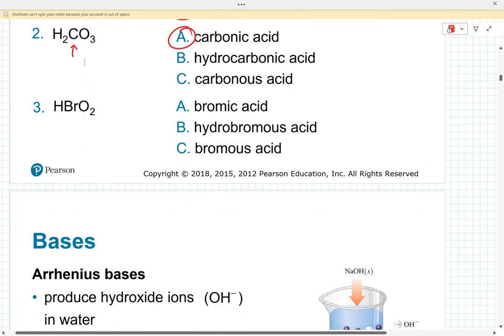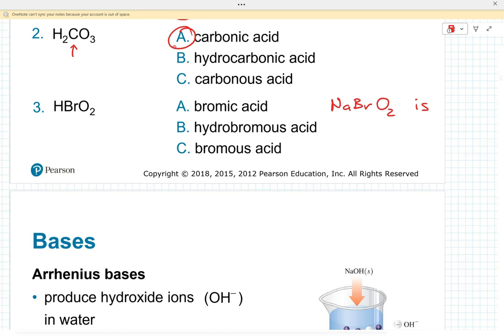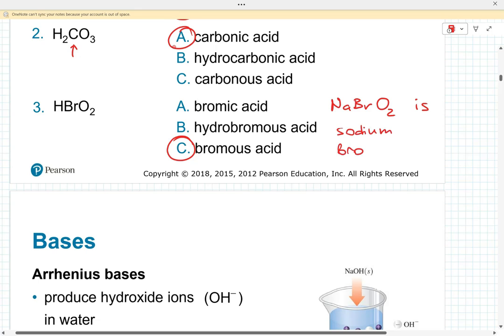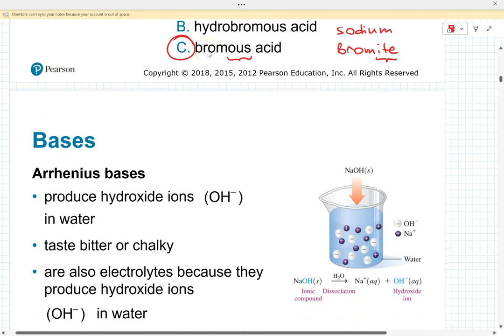And this one, so I'm going to give you an idea. Yes. Bromous acid, because it is a sodium bromite. ITE changes to OUS. So anytime you see oxygen, you know it's not going to be hydro. It's not going to be hydro. Yeah, every time you see an oxygen.